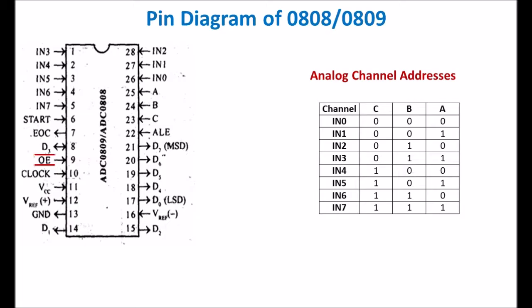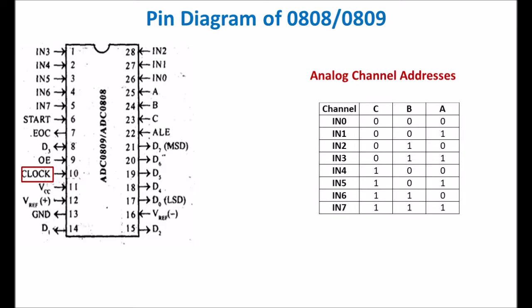It has an 8-bit digital data bus. D0, D1, D2 up to D7 are the digital output terminals where output will be available after giving a low to high pulse on the output enable terminal. Now for operation of this IC, we need a clock signal. Here the user can use an external circuit to generate a clock, or can connect the clock signal of 8051 to this clock terminal.